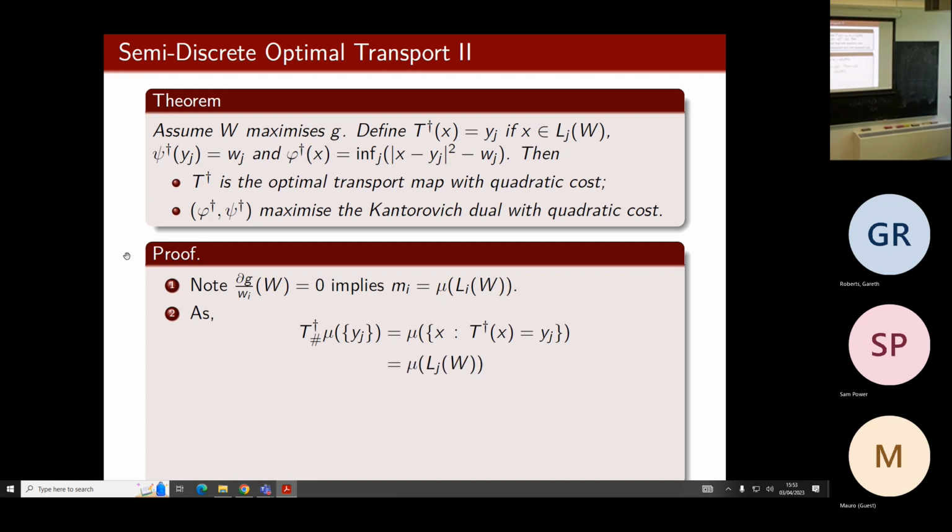This is exactly the measure of the jth Laguerre diagram, by construction of my T dagger. And because it's optimal, this is going to be equal to mj, where mj was the mass at the point yj. So I know that T dagger pushes forward mu onto nu.